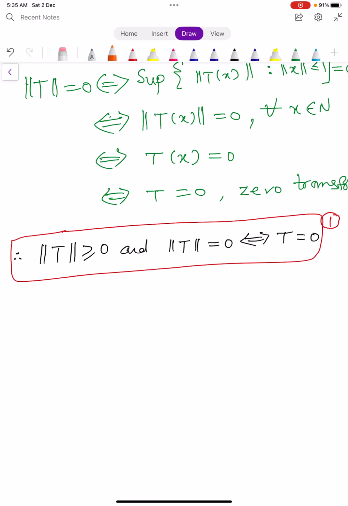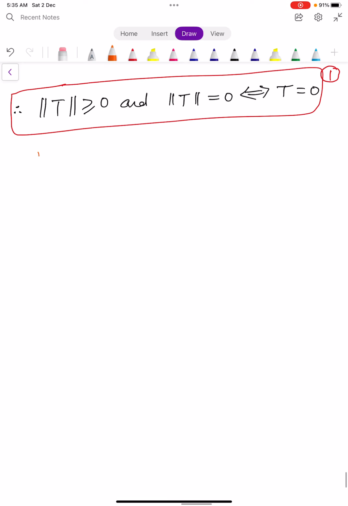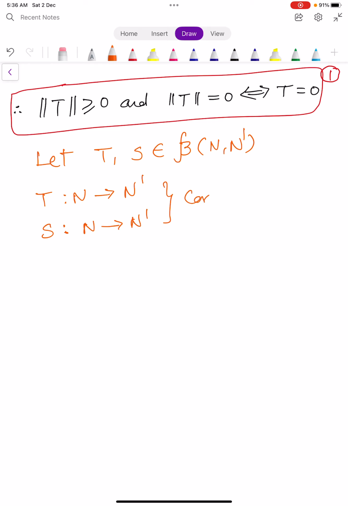Now, to prove the second property of a normed linear space, let us take two elements T comma S belonging to script B of N comma N dash. It means T maps N into N dash, S maps N into N dash, and both are continuous linear transformations.